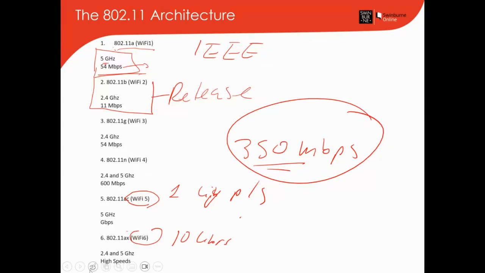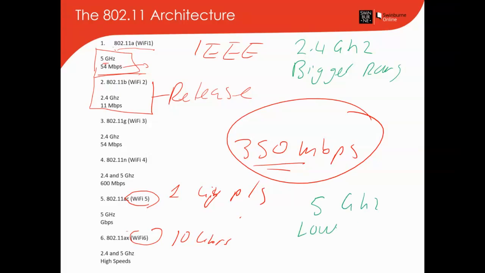Now, really quickly, it's something really important to know, especially for cybersecurity. If it's on the 2.4 gigahertz, you get a bigger range. On the 5 gigahertz spectrum, it's lower range, but faster.